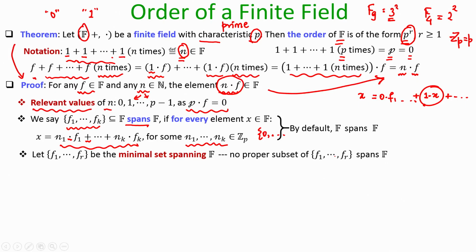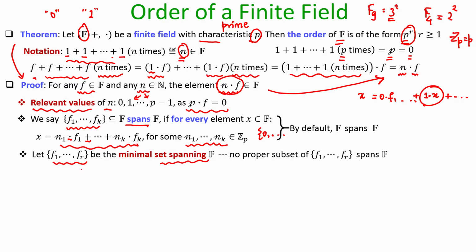Now, let me next define what we call the minimal spanning set of the field. The minimal spanning set of the field is the collection of elements from the field which is minimal in the sense that you cannot remove any element from this collection.